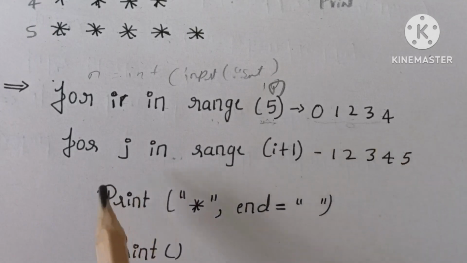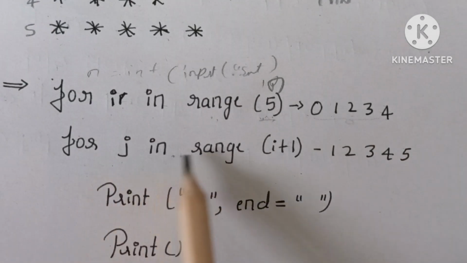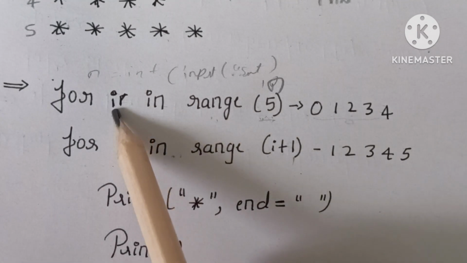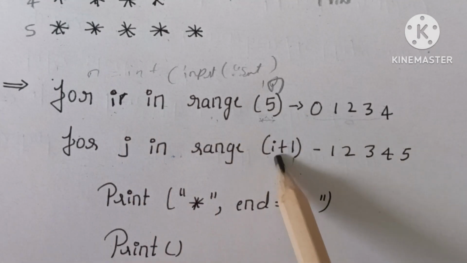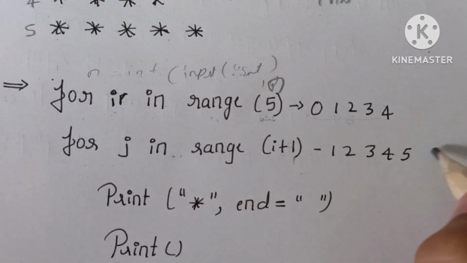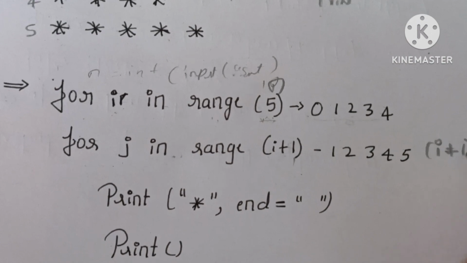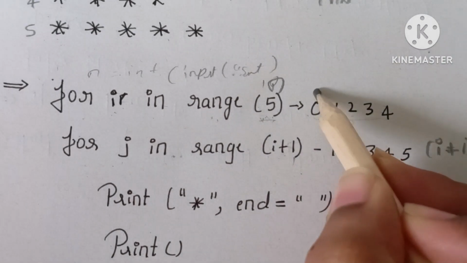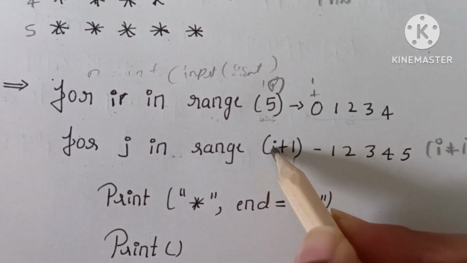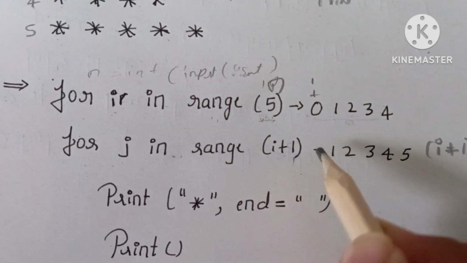So the second step is for j in range i plus 1. Why? Because every time it iterates, we need to add 1. This is the condition.